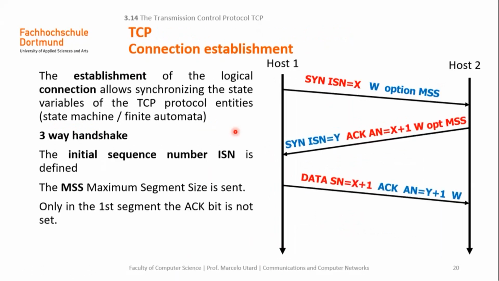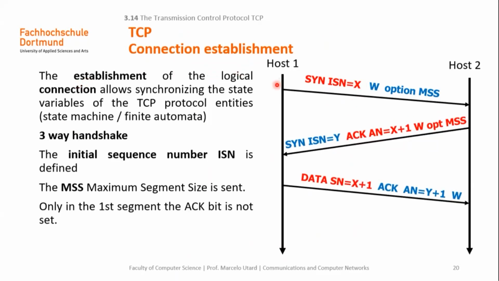In order to see some details of the connection establishment, remember that the establishment of the logical connection allows synchronizing the state variables of the TCP protocol entities, which in fact are state machines or finite automata.